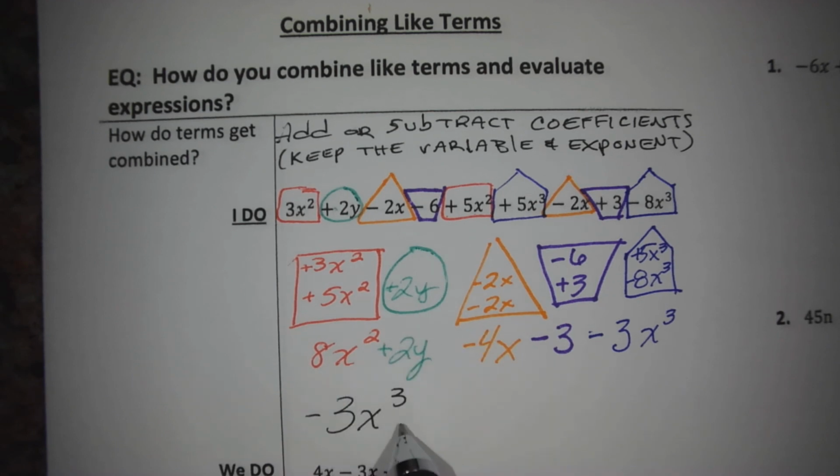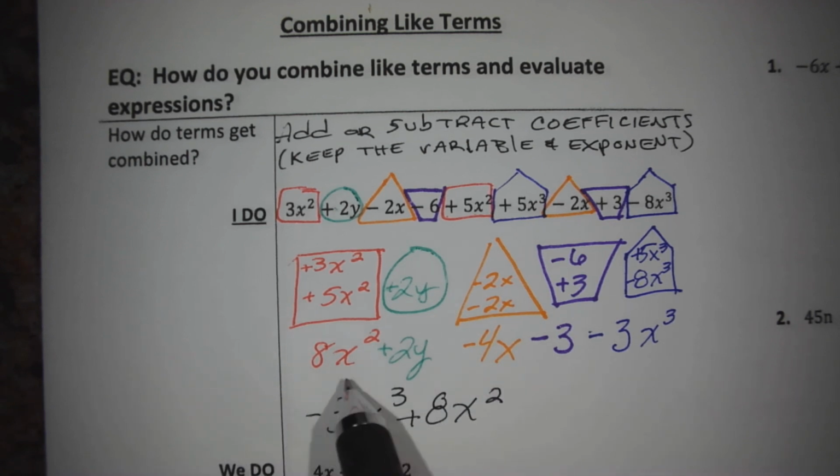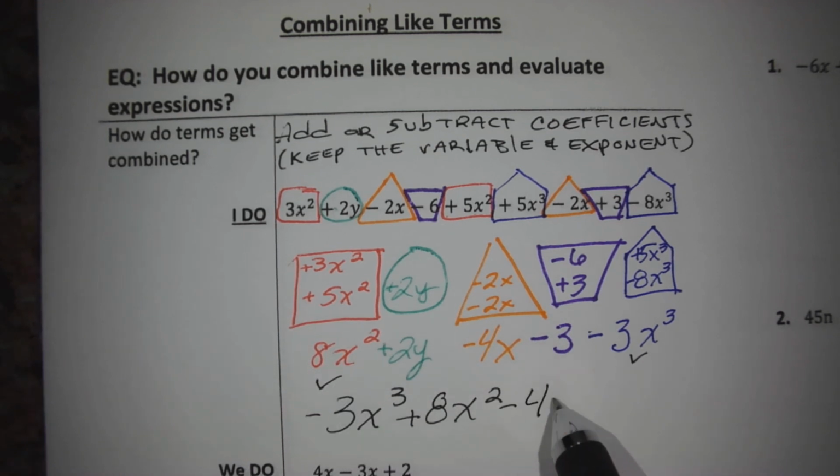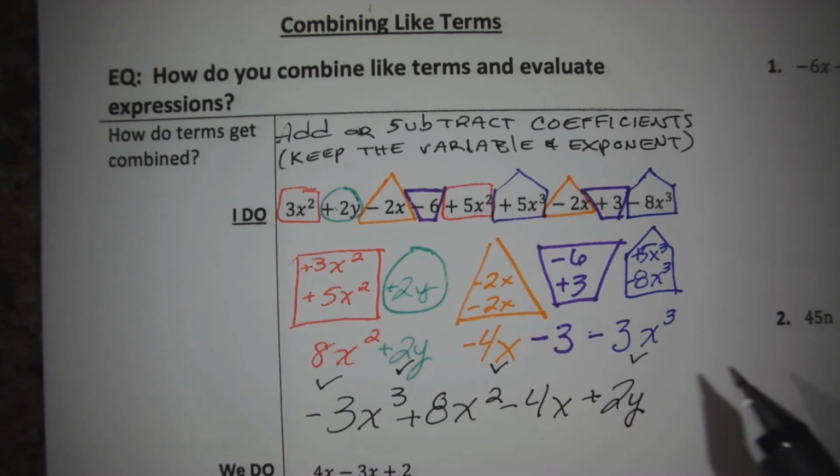Then it's positive 8x squared. Then we have our regular x, minus 4x, that's this term. Next up is the y's, so plus 2y, and then minus 3.